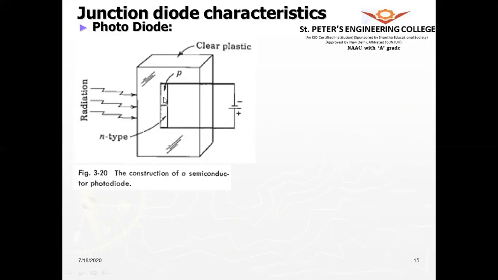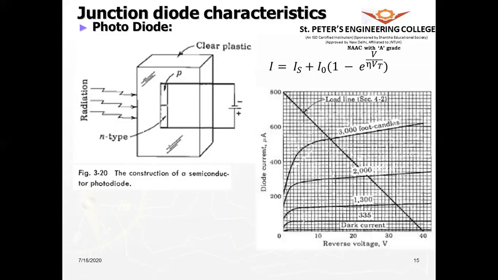And the diode is always used in the reverse bias condition. We can see that the p type is connected to the negative of the battery and the n type is connected to the positive of the battery. Therefore the photodiode is always used in the reverse bias condition. And the current in the photodiode is given by I is equal to Is plus I naught into 1 minus e to the power of V by eta times Vt.